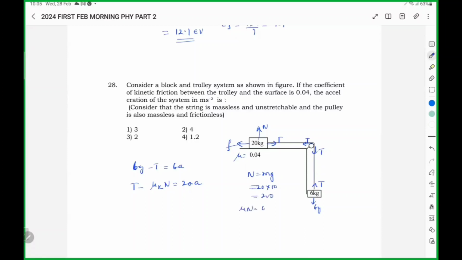Mu into N is 0.04 into 200, which is 8. So T minus 8 is 2a. 60 minus T is equal to 6a. Solving these two, we get 52 is equal to 8a, so the acceleration is 2 meters per second square.